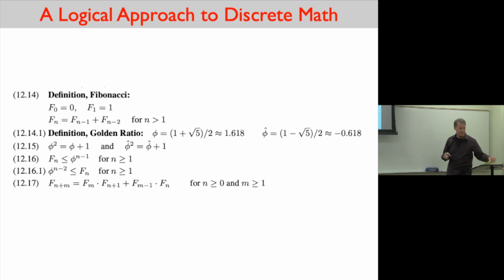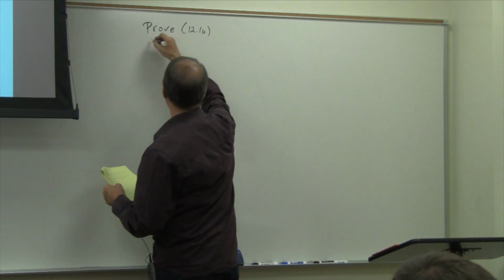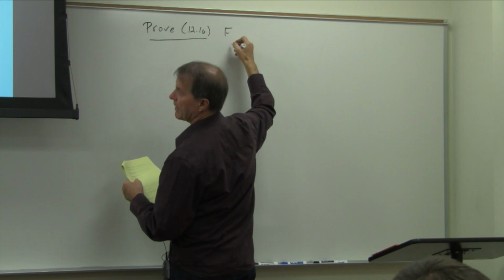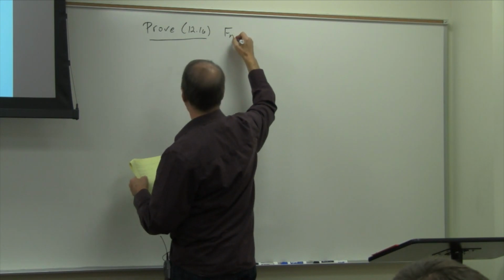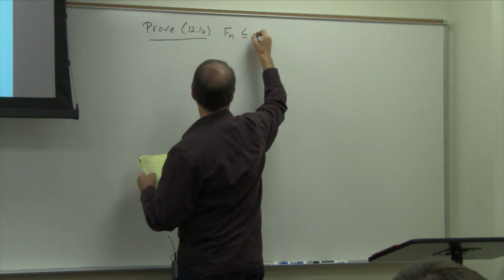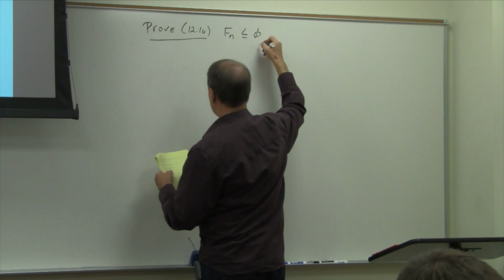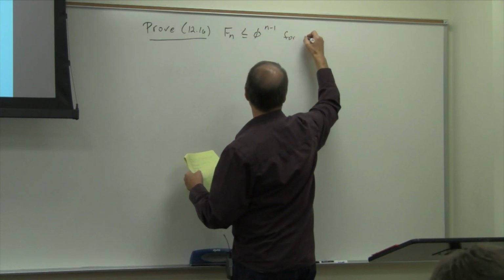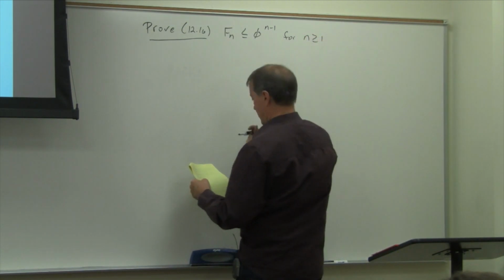So let's prove 12.16, which is that f sub n is less than or equal to phi to the n minus 1 for n greater than or equal to 1.